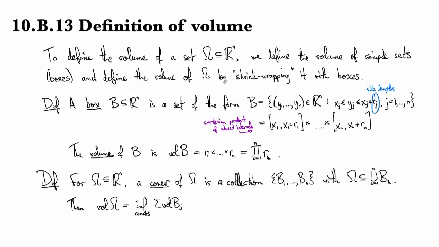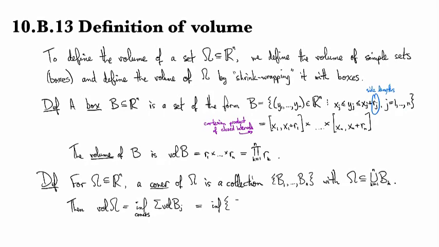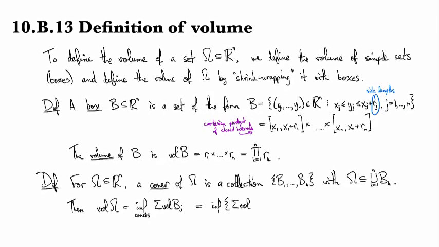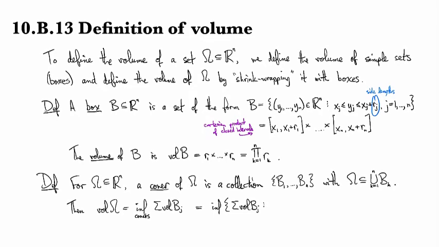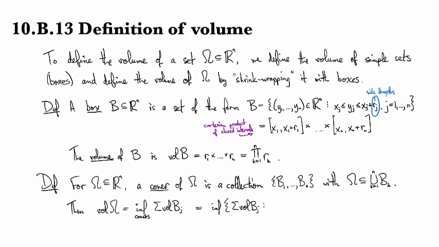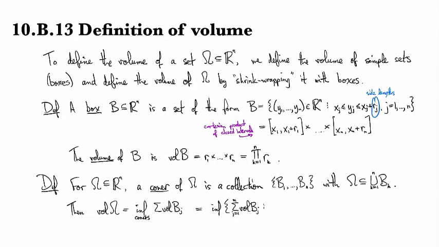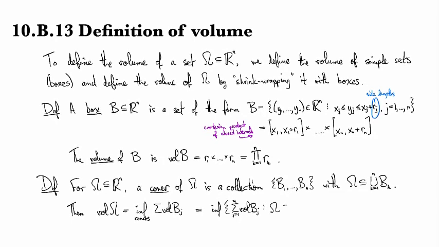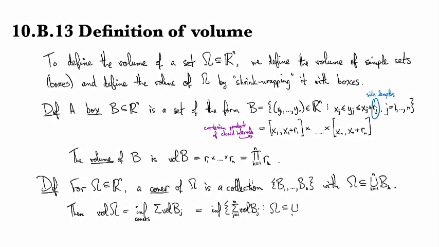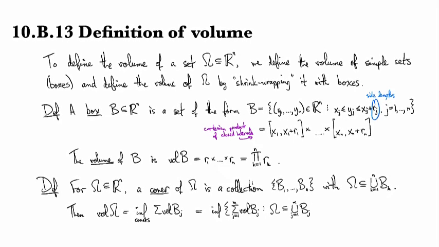With a little more detail, this is the infimum over the sums of the volumes of the Bj, with j equals 1 through M, such that omega is contained in the union of these boxes.